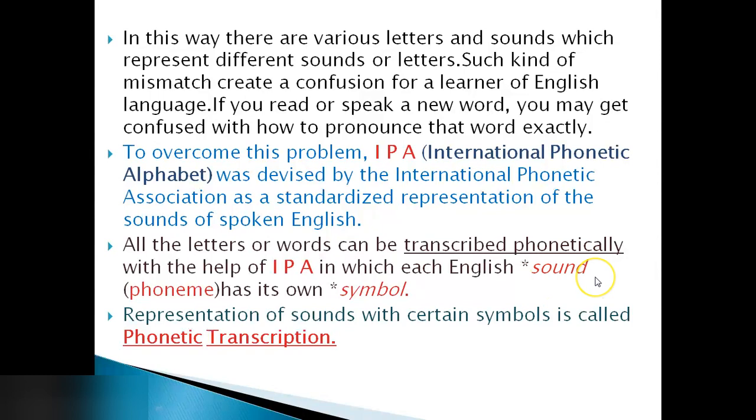So representation of sounds with certain symbols is called phonetic transcription. So with the help of IPA, we do this phonetic transcription.